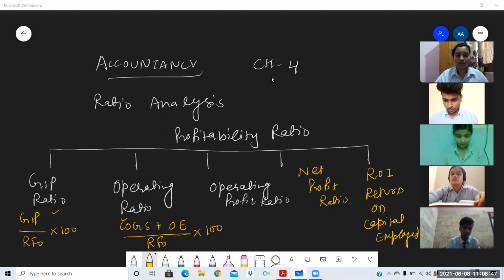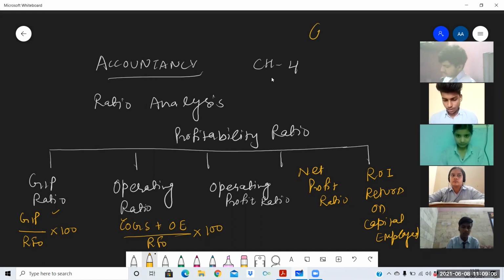Any example? For example, electricity bill paid, rent paid. Yes, very good. Electricity bill paid, telephone bill paid, rent paid, insurance premium paid, advertisement, sundry expenses, trade expenses. All these are examples of operating expenses.